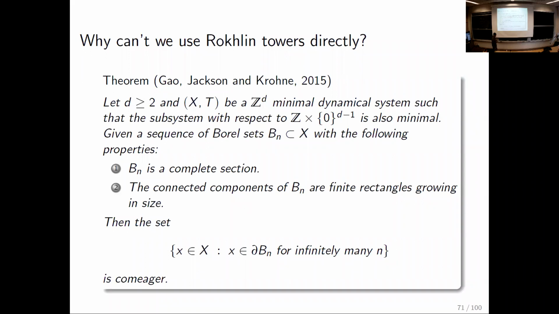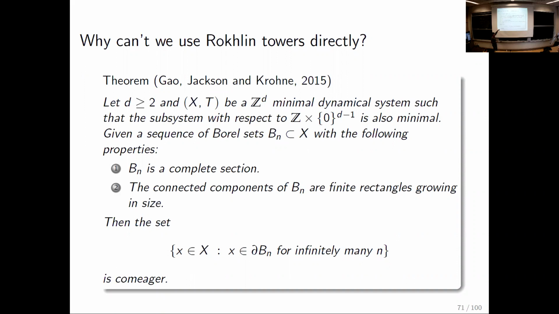So what was the basis of my construction? I had the towers, right? These were rectangles. I took my space and made bigger and bigger rectangles of squares in my space. Now, this theorem, forget about the technical assumptions above.